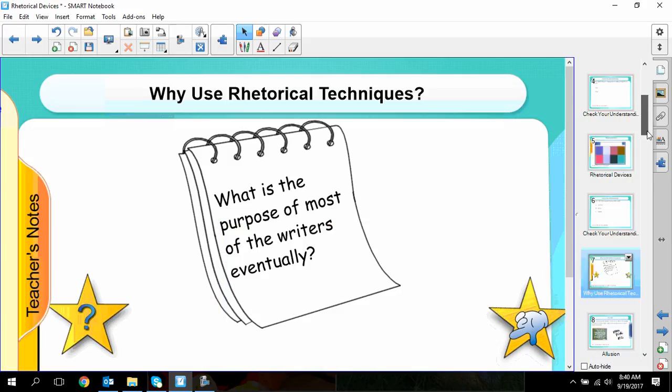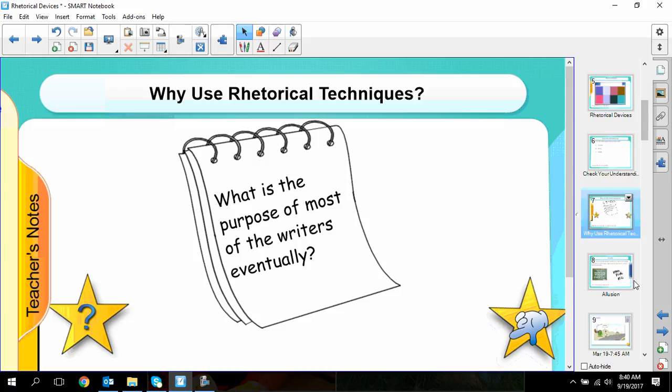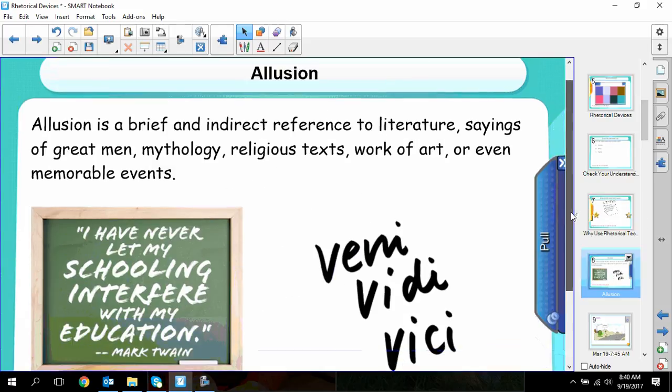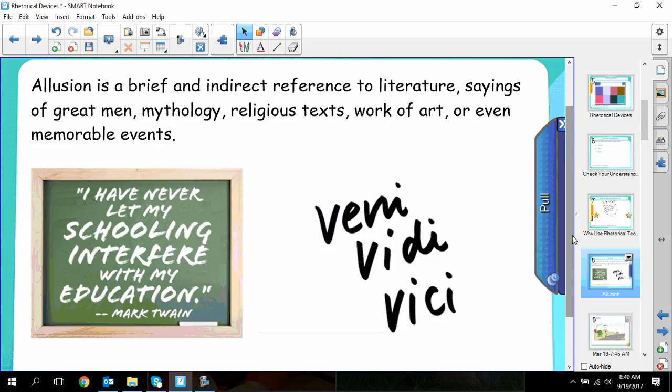All right. So our first one is the concept of allusion. Okay. We've been talking about allusion since you guys were in the freshman class, and I'm sure before that. Remember that an allusion is a direct reference to literature, sayings of great men, mythology, works of art, or even memorable events.